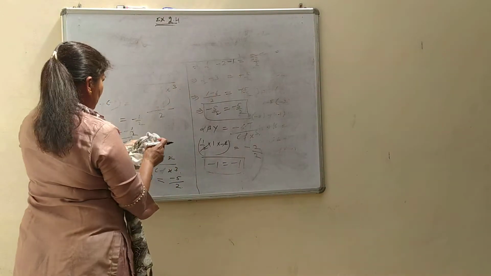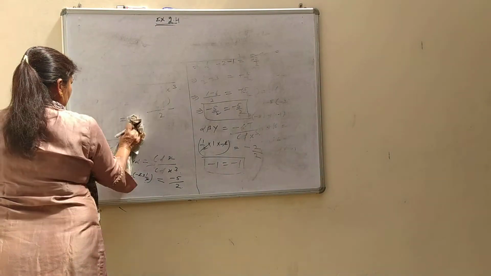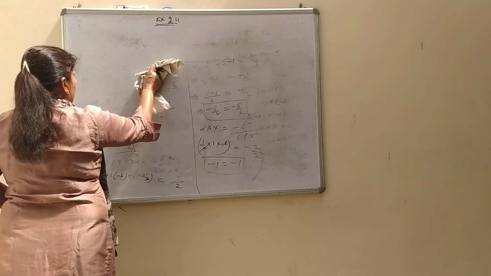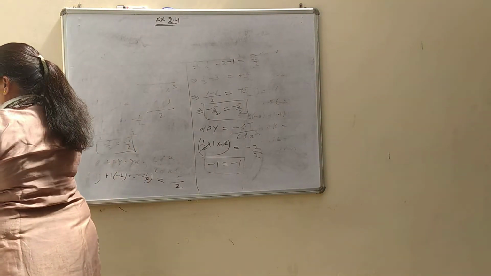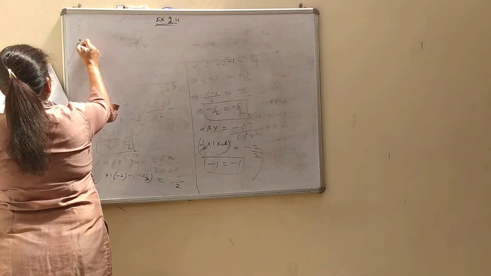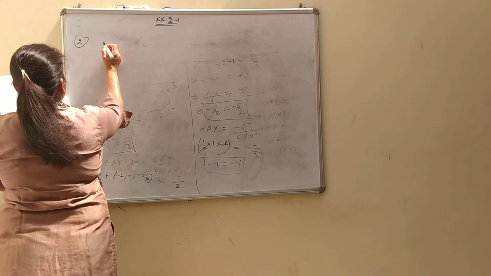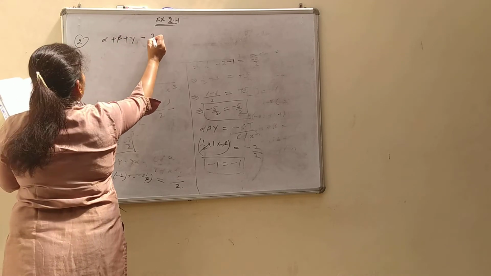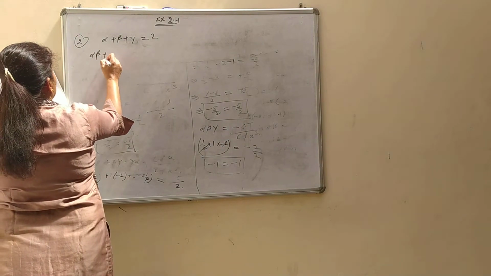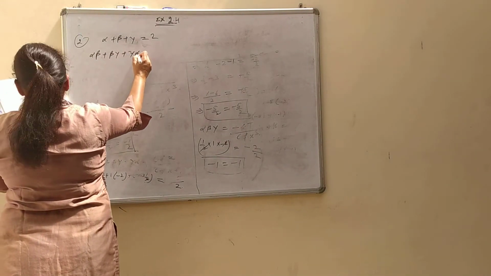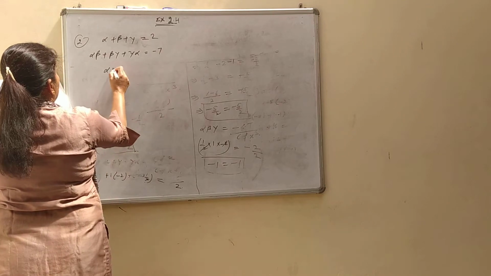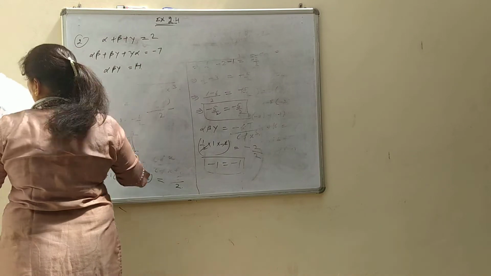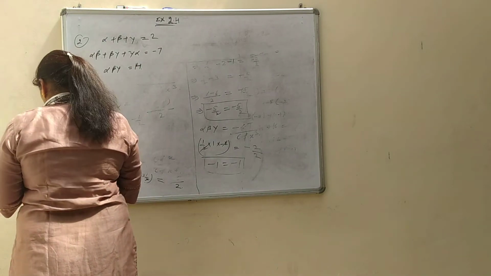In the second question, we are given the sum of zeros alpha plus beta plus gamma is 2, alpha beta plus beta gamma plus gamma alpha is equal to minus 7 and product of zeros is equal to 14. We will form a cubic polynomial.